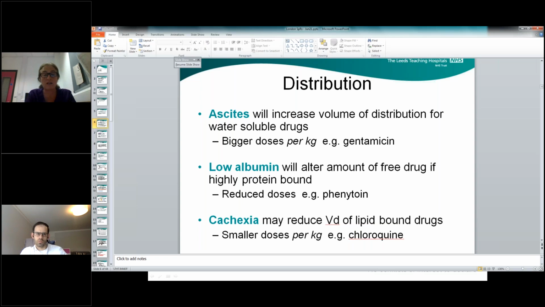In our failure to thrive patients, we may well have a reduced volume of distribution for lipid-bound drugs, because the child doesn't have much fat in their body, and so you need smaller doses per kilo, because otherwise there'll be more free drug in the blood.